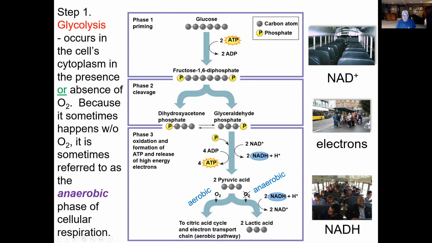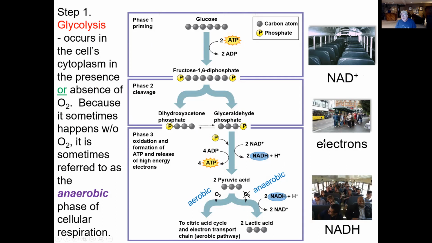So here's the empty school bus, NAD plus. When we introduce passengers, these folks are waiting to get on the bus. When we add electrons to NAD plus, look what we make. In this case, 2 NADs become 2 NADHs with some additional hydrogen ions, which are really protons.